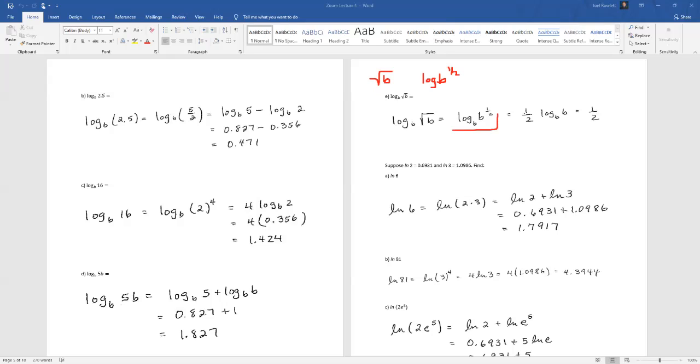So that puts us here. And then I'm going to use the rule that says that if you have a logarithm written with an exponent on the argument, I can bring the exponent down to the front. So that's going to be 1/2 of log base b of b. And we've already figured out that log base b of b is 1. And 1 times 1/2 gives me 1/2.